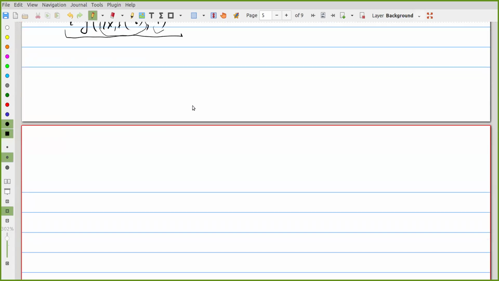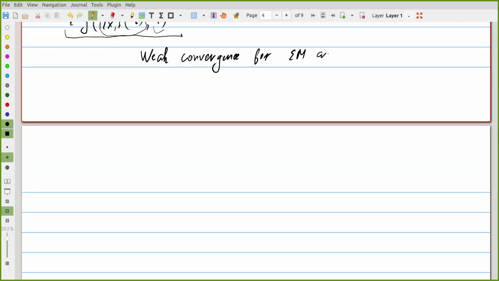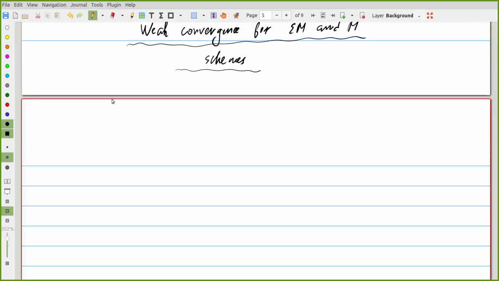Now we want to make some usage of the results we obtained, and this is weak convergence for Euler-Maruyama and Milstein schemes. Let us recall the Euler-Maruyama scheme. I will not discuss the Milstein scheme in this lecture at all, except for the formulation of the corresponding theorem.